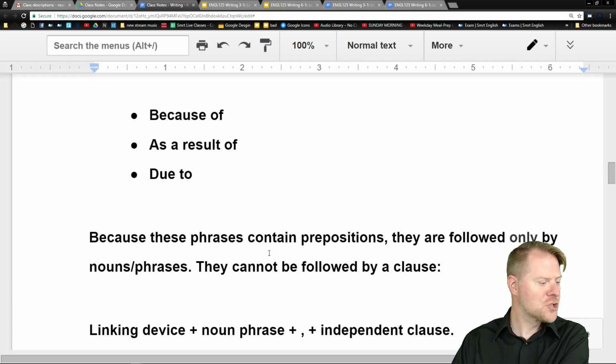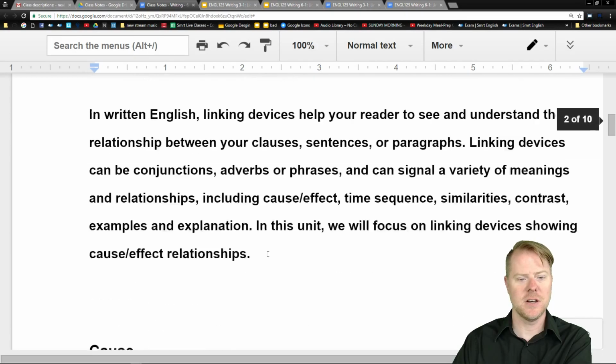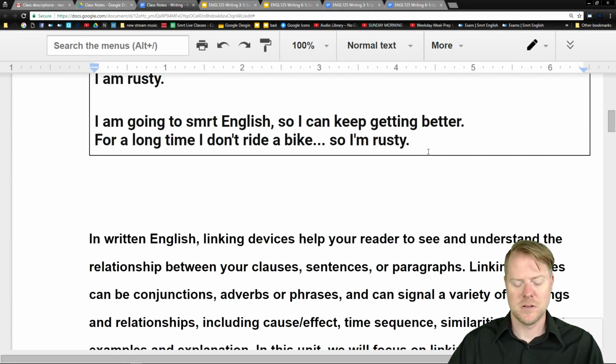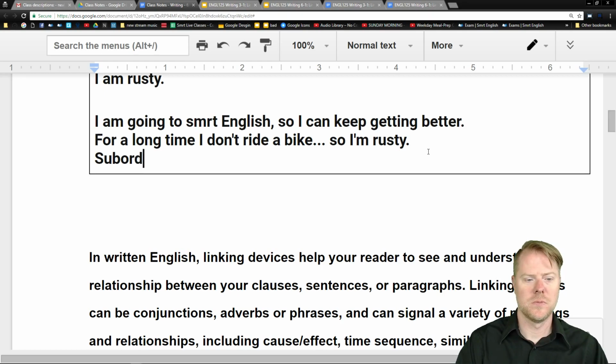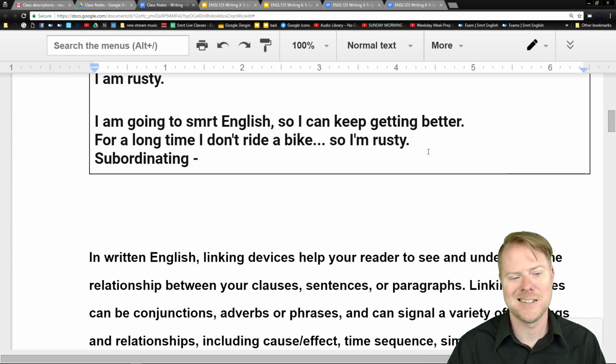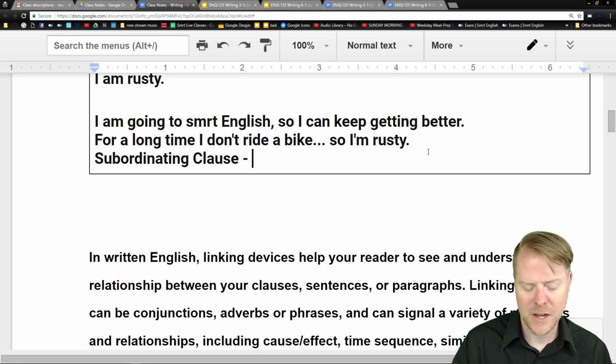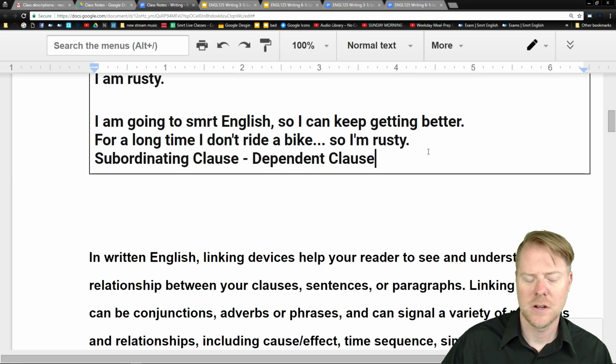One, you're asking about subordinating in writing, a subordinating clause. I'm using it as a synonym for the dependent clause.